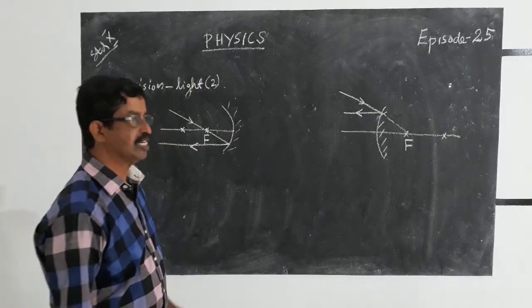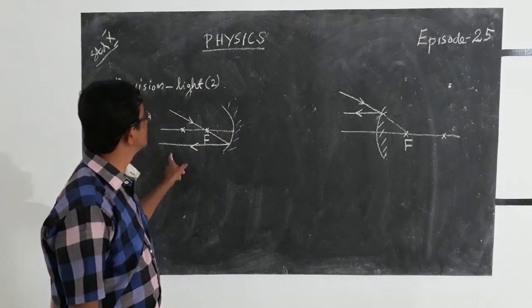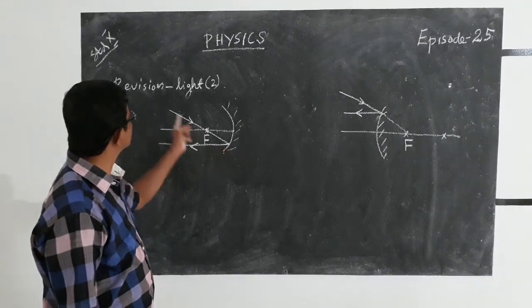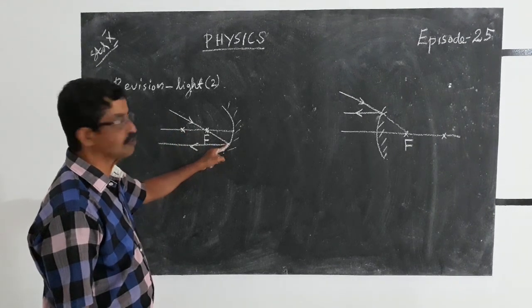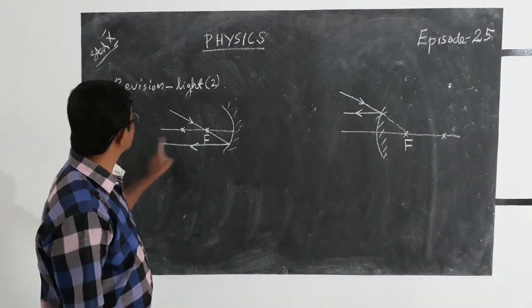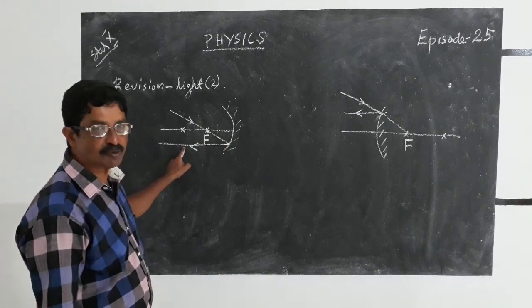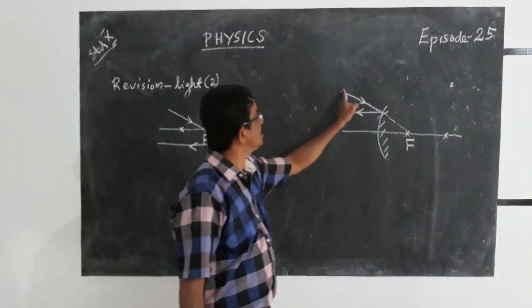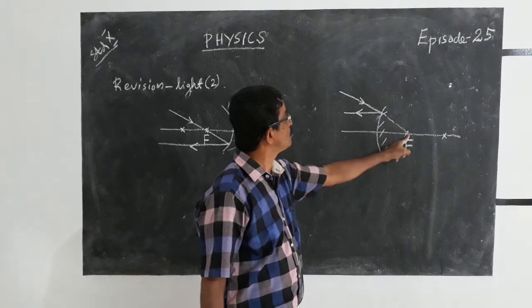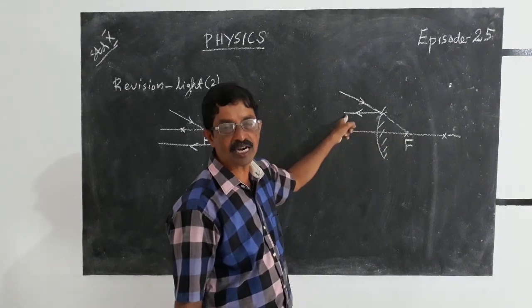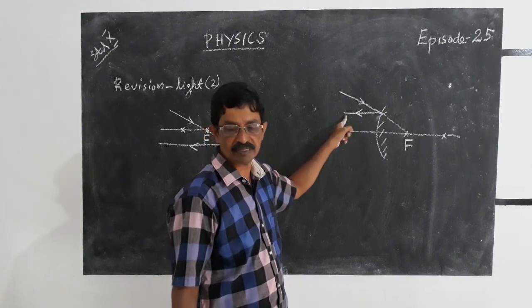We use any two of the rays. One is a ray passing through the principal focus; it reflects and becomes parallel to the principal axis. The other is a ray coming towards the principal focus; after reflection, it also becomes parallel to the principal axis.